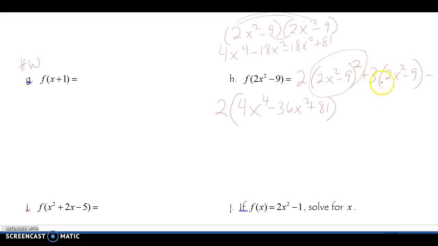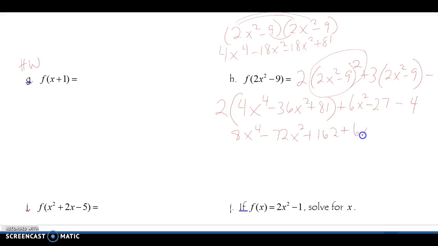Here all we need to do in the next term is just distribute the 3, so we end up with plus 6x squared minus 27 and then minus 4. Now we still need to distribute this 2, so we have 8x to the 4th minus 72x squared plus 162.